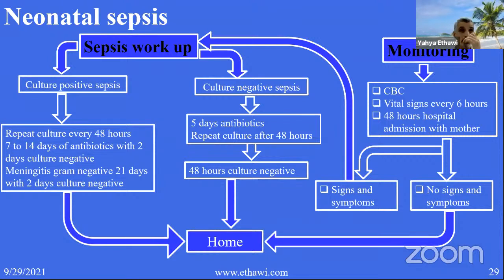But remember, once you feel that you should start antibiotics, do a blood culture, wait 48 hours. So when we say premature and mother not in labor, when we didn't do a sepsis workup, we're not sending the baby home. We're monitoring the baby. If the baby deteriorates, then do a sepsis workup.